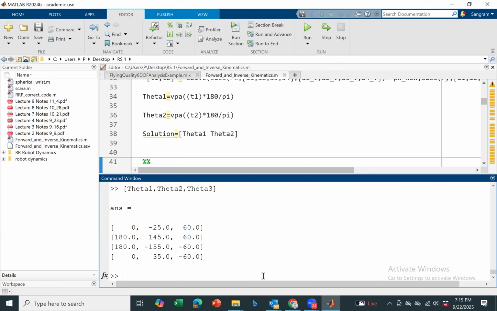If the robot can do theta 1 equal to 0 degrees, then you check the next angle. Can the robot attain theta 2 equal to minus 25? Or you will see if theta 2 can be 35. If both these angles are possible, then we will check the last angle. So you need to add error corrections with if-else statements to make sure that those angles are achievable. Everyone understood this?